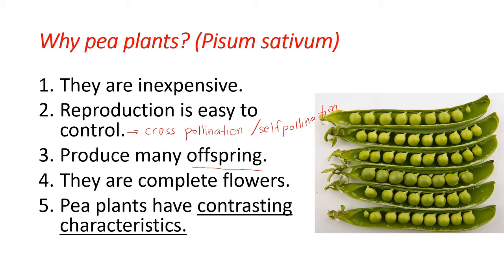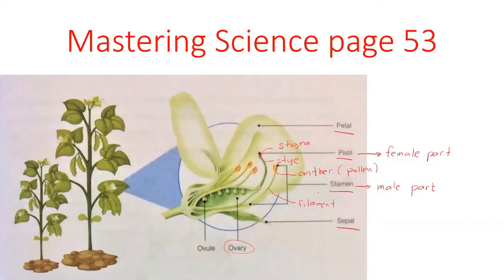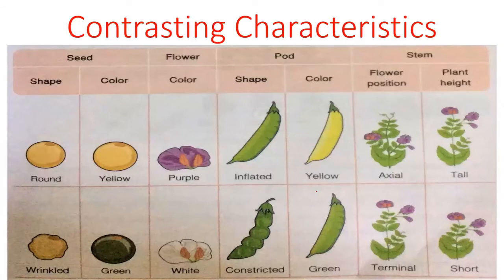Those are examples of contrasting characteristics. For pea plants, you can look at this one in your book. Gregor Mendel studied the seeds, the flowers, the pods, and the stems of your pea plants.